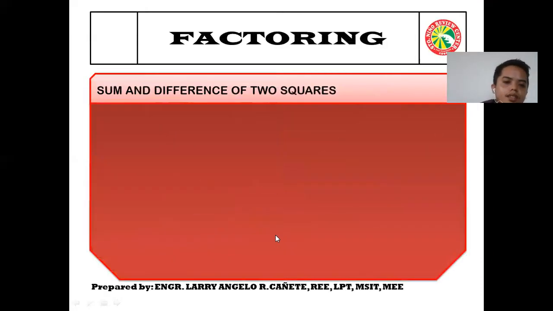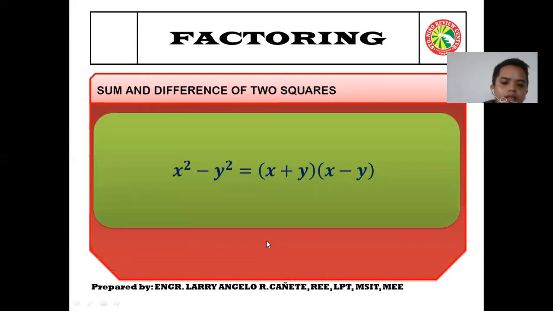So next is the sum and difference of two squares: x squared minus y squared. From the words sum and difference of two squares. To solve for this, I'll give you an example to make it clear.